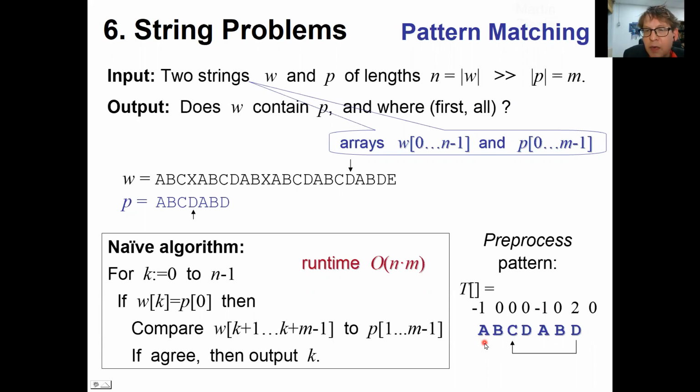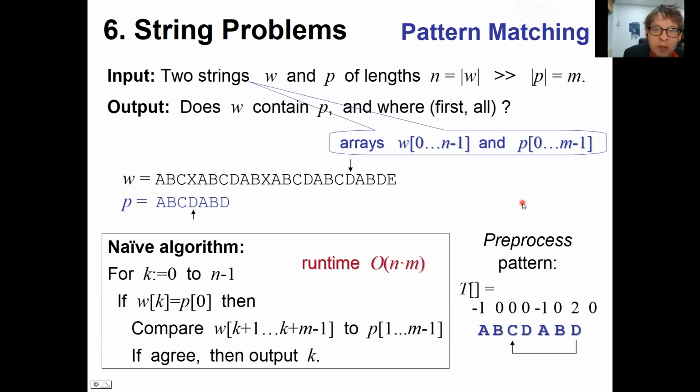Remember, usually when there's a disagreement, let's say this character disagrees, the algorithm will reset the position in the pattern and keep the position in the search string. But if there's a -1, it means reset the position in the pattern and move on to the next position in the search string. Okay, that's the intuition. That's the meaning of the preprocessing array of the pattern.